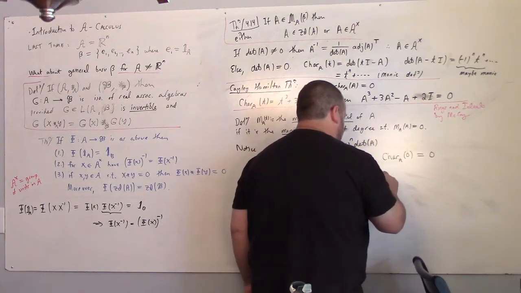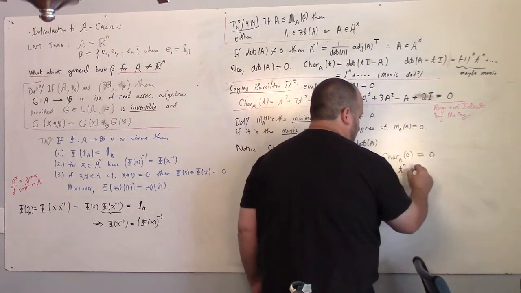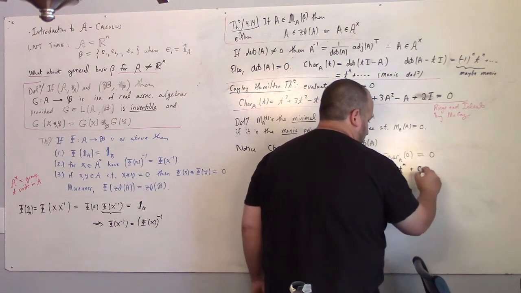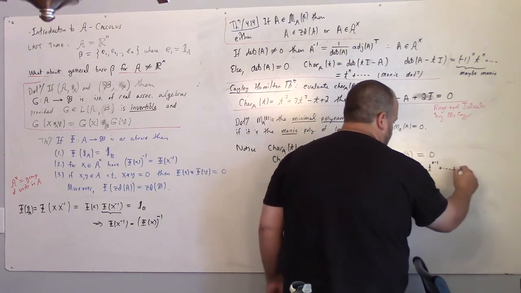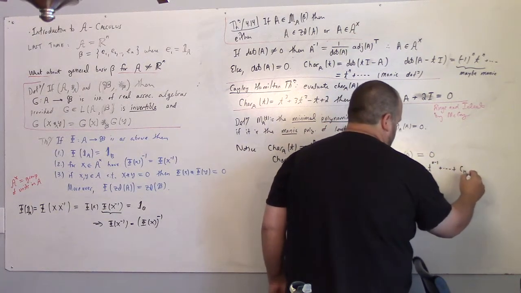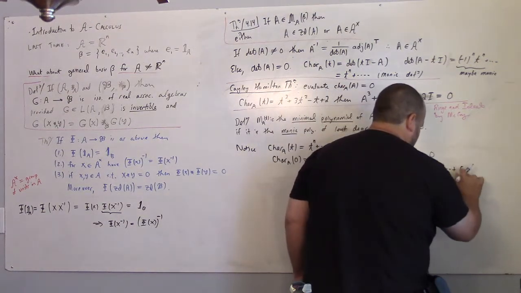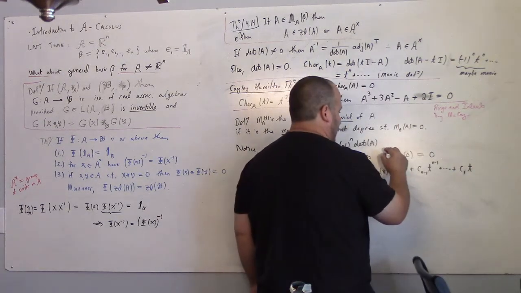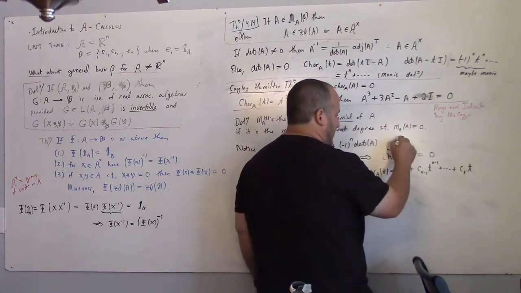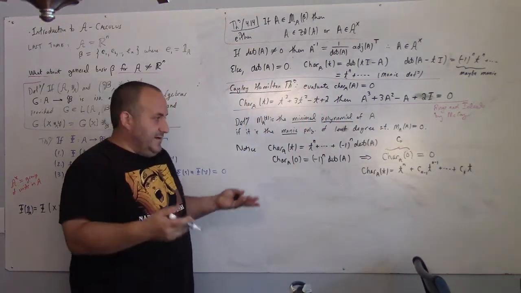We could write it out. Characteristic polynomial of A would be t to the n plus c_{n-1} t to the n minus 1, and so on, down to c_1 t, and then c_0. In this labeling, this would be c_0. So the constant term is gone.